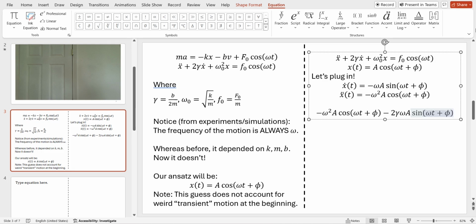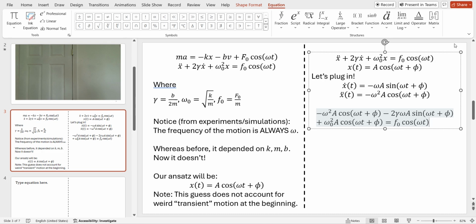And then we're going to have plus omega naught squared A cosine of omega t plus phi. And all of this is equal to F naught cosine of omega d t.